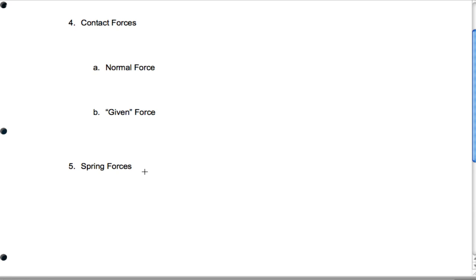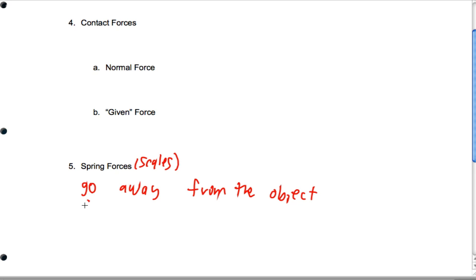So the spring force comes from, for example, the scales that we use. And the way we would label that is, the spring forces work like this. They go away from the object always. So let me give you an example. Suppose I have some mass and I have a spring here and I'm pulling the object.